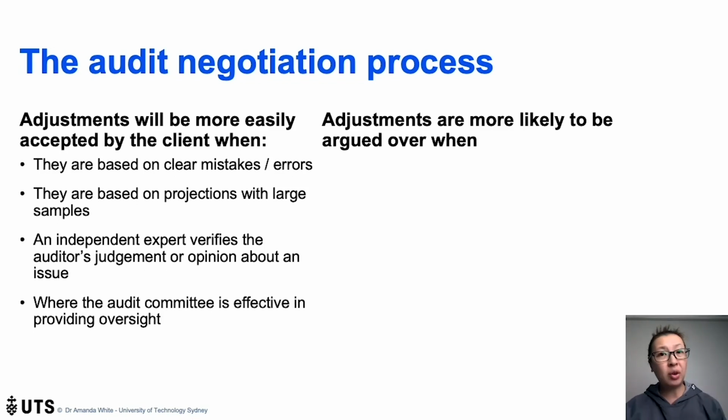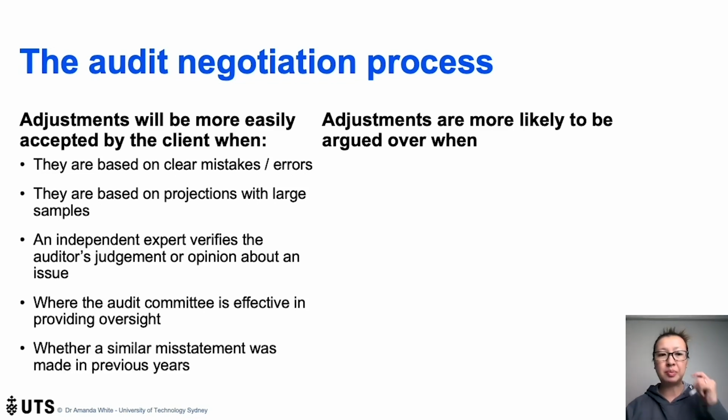If you've got an effective audit committee, a strong audit committee that's focused on making sure that shareholders get the best value, steering the ship for shareholders, managers are considering shareholders, then there's a much better chance also that management will work with the auditors to make adjustments. And whether a similar misstatement was made in a previous year, and I should add here, and adjusted. So if they made an adjustment in a previous year, they're much more likely to make an adjustment this year.